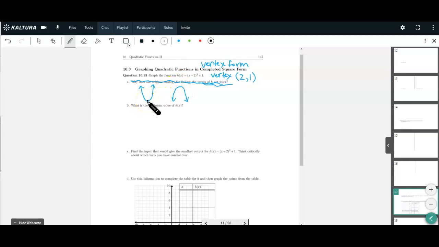That's either going to be the lowest point of the graph or the highest point on the graph. That vertex is going to be one of those. So if it's a right side up parabola, you're always going to have a minimum value, so the vertex is the minimum. And if it's an upside down parabola, then that vertex is always going to tell you the maximum value.